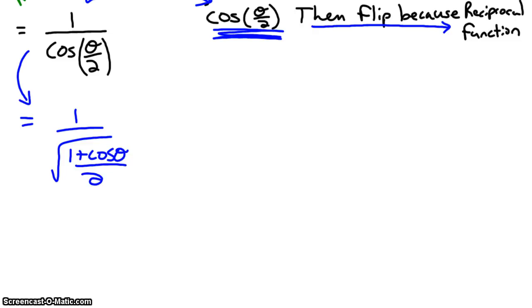If I do a quick substitution, I will have 1 over, in radical, 1 plus, well, we just did a similar problem to this, our 15 over 17 again, all over 2.